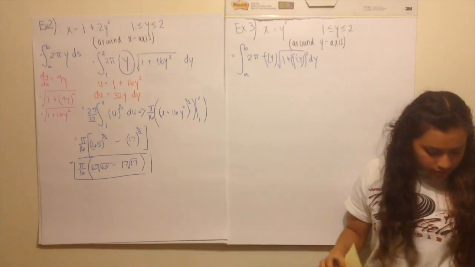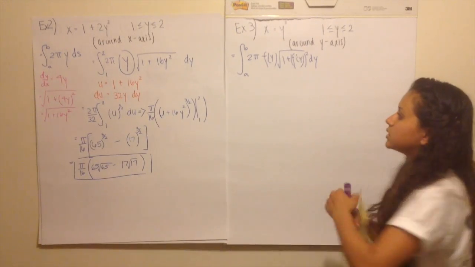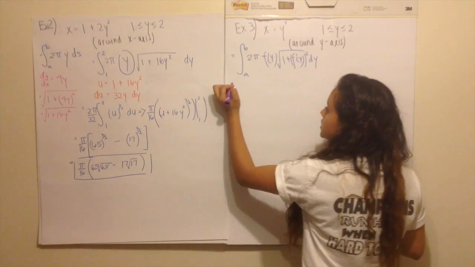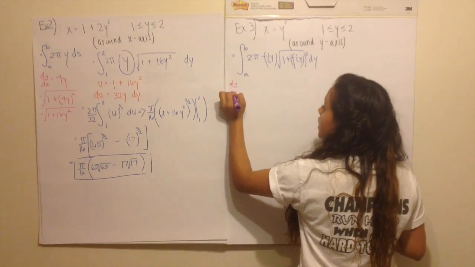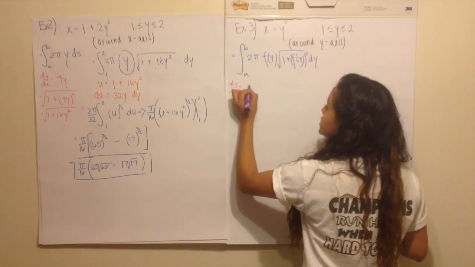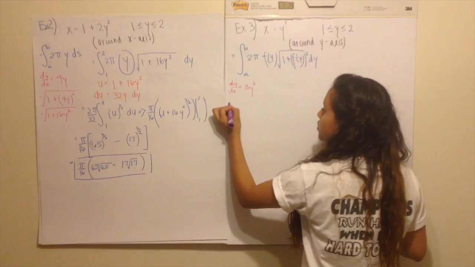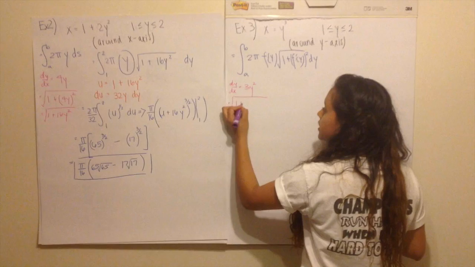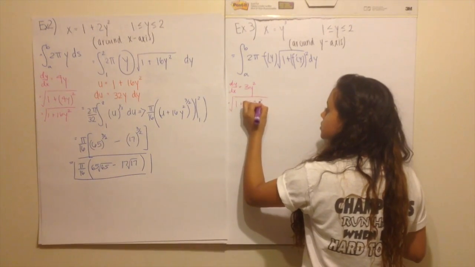Okay, so now that we have that figured out, let's start our arc length. So our derivative is dx over dy, which is 3y squared. When we put it back into our arc length form, it's 1 plus 3y squared squared.